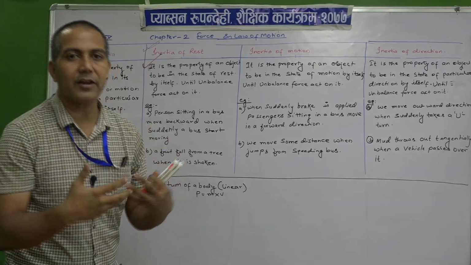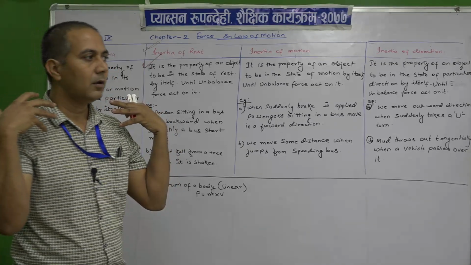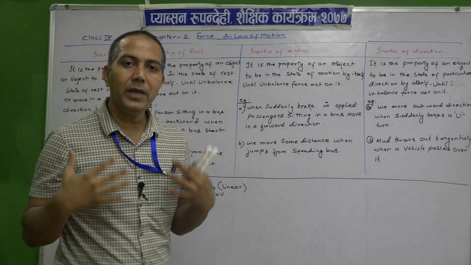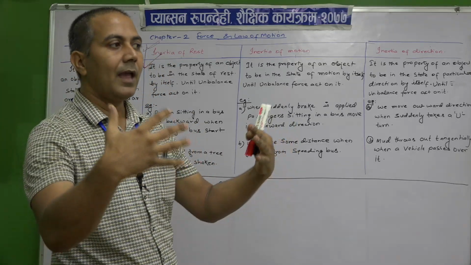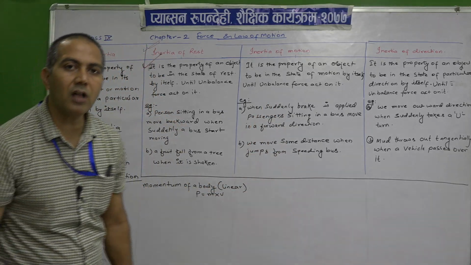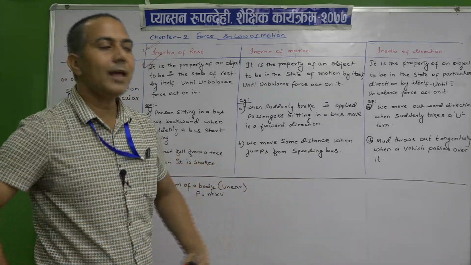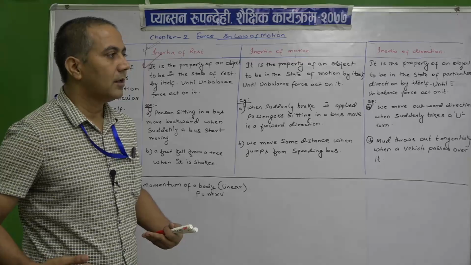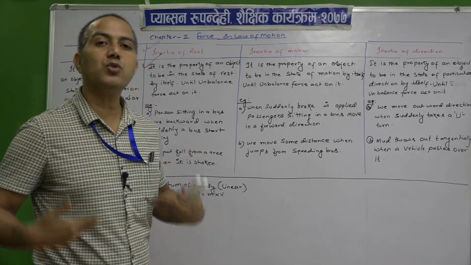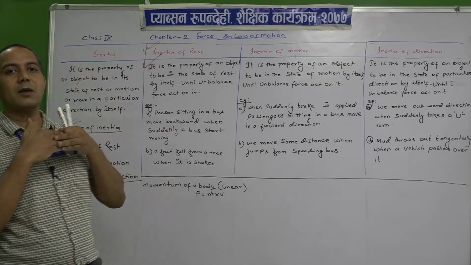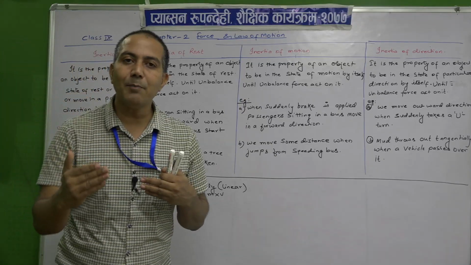Why are we jerked backward? Because the bus is now in motion, and our legs which are in contact with the bus are also in motion. Then the upper part which is not touching the bus tends to stay in the state of rest. Therefore, we jerk backward.